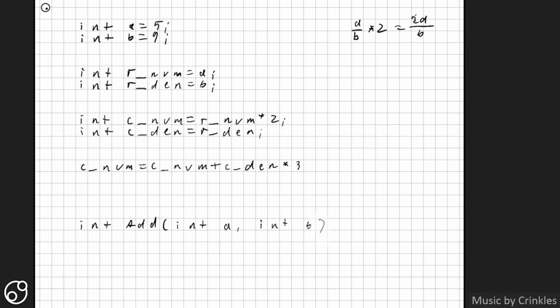Well, now I would need an int a for the numerator and another int for the denominator, and then another int for the b part, and another int for the b part denominator. And I could close that up here.